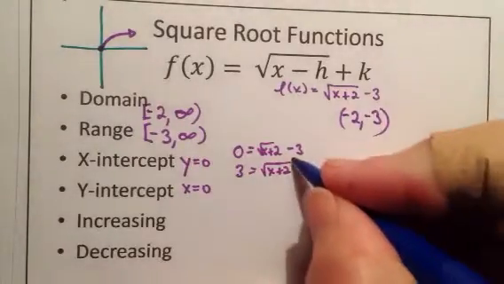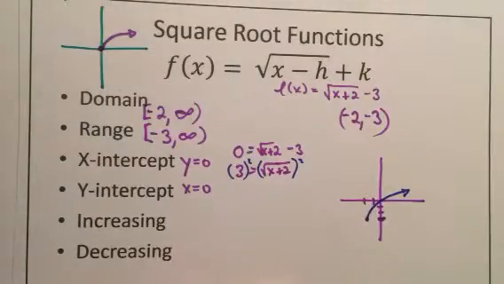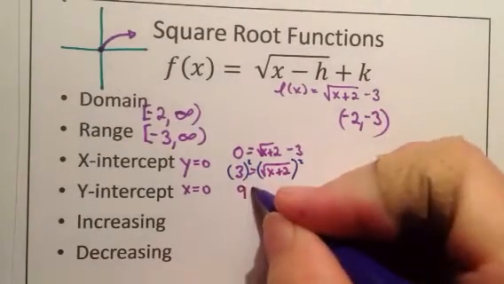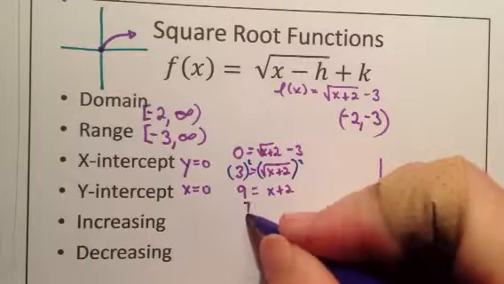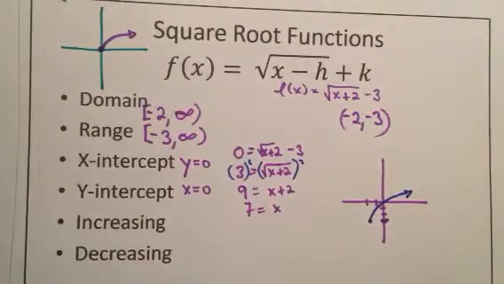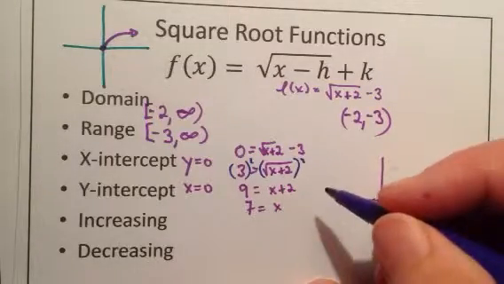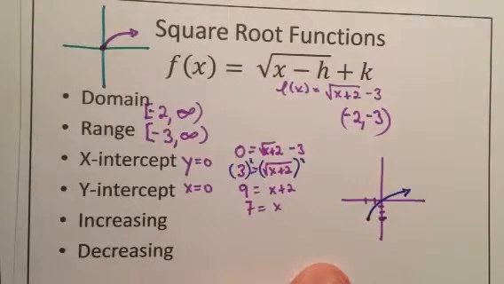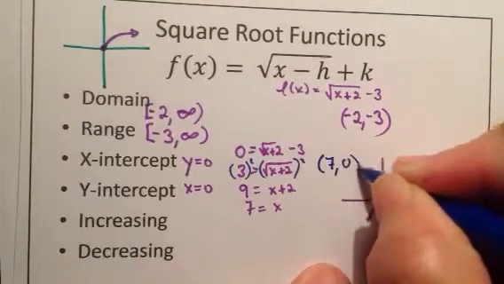Now I can go ahead and square both sides. So I end up with 9 equals just x plus 2. Subtract the 2, so 7 equals x. So I should have an x-intercept at 7, 0.